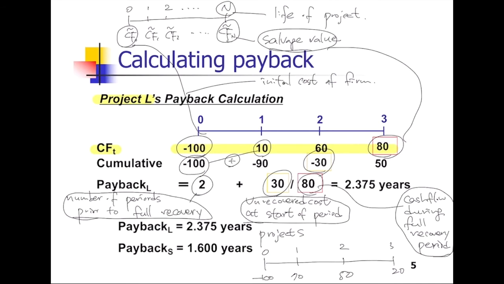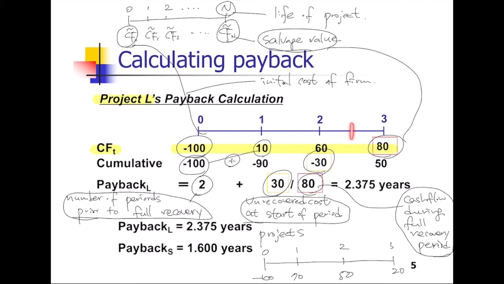Let me explain again. The full recovery period is here, at year 3, where the cumulative cash flow turns positive. So the number of periods prior to full recovery is 2. Plus, we calculate the unrecovered cost at the start of the period, meaning just before full recovery, between 2 and 3.